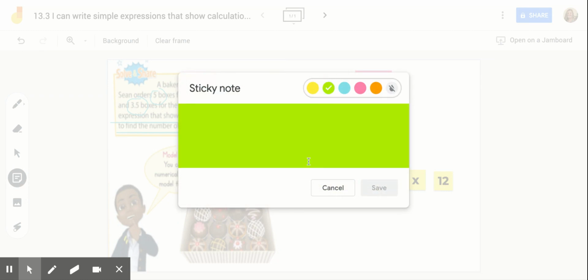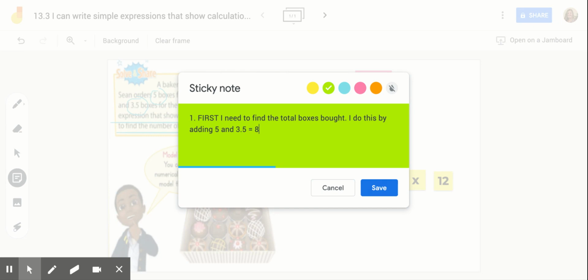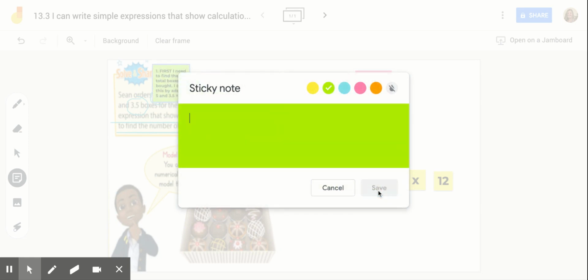So I'm going to make this sticky green, and I'm going to write: first, I need to find the total boxes bought. I do this by adding 5 and 3.5 to get 8.5. Next, I multiply 8.5 times 12.